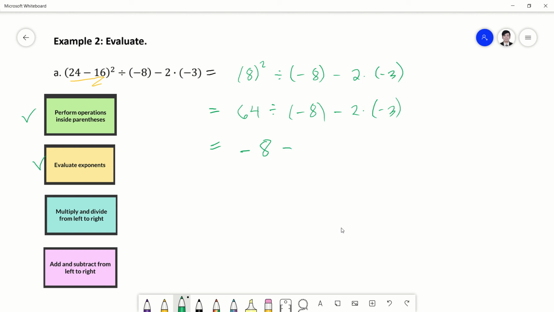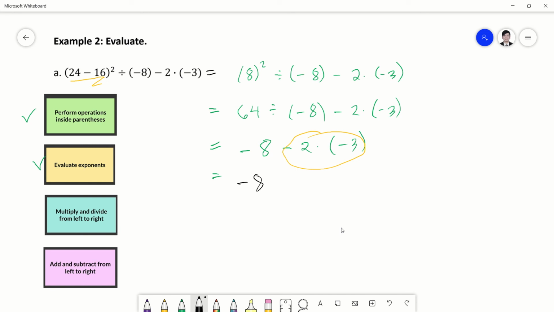Now, we're down to multiplying and dividing from left to right. So, notice that this is negative 8 minus 2 times negative 3. So, you will start here. Negative 8, you can consider this subtraction as the negative sign of the 2, okay?